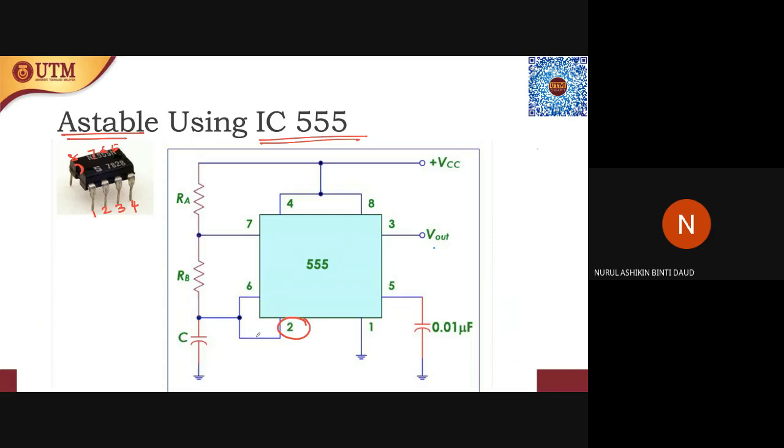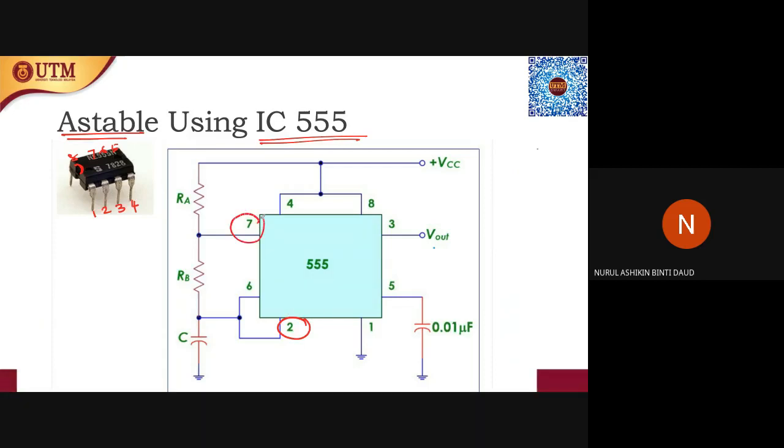So this is how you differentiate an astable configuration from the monostable or bistable configurations, by looking at pin number 2. If pin number 2 is connected with pin number 6, it means this is an astable connection.